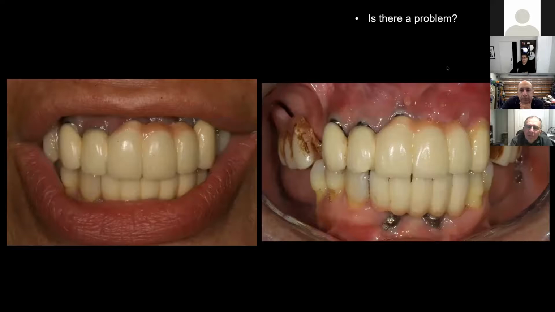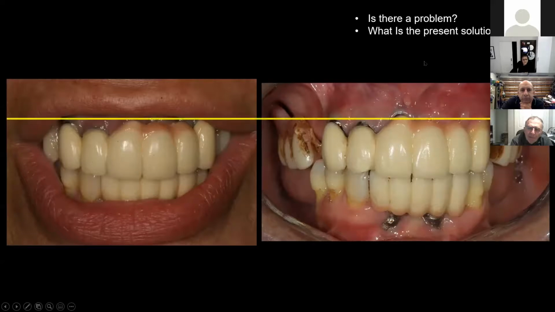Yes, there's a problem. What's the present solution? You can see a labial sinus draining. There's some infection here, fractured teeth, an ill-fitting prosthesis, and there's more I'll show you. And there's the smile line. How do you fix this problem?